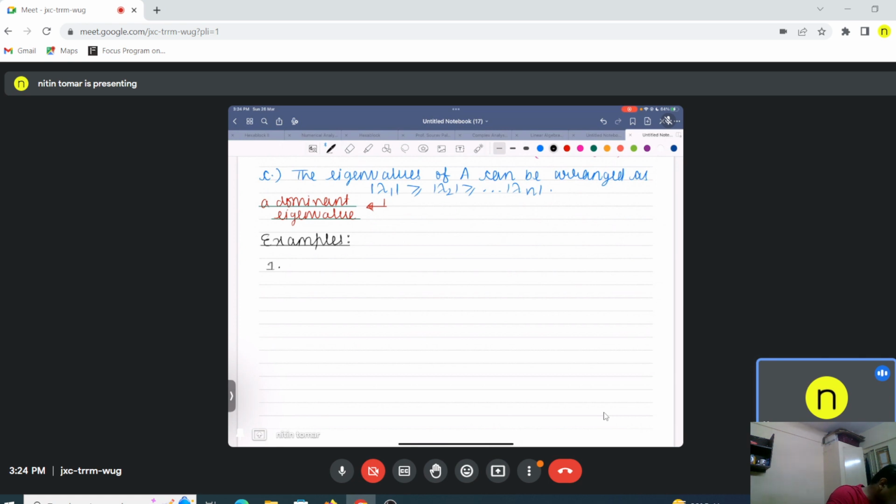Okay, let's say first, let's say this A is 1 0 0 0 minus 2 0 0 1 and minus 1. Now clearly this has eigenvalues 1, minus 2, minus 1, because it is an upper triangular matrix.